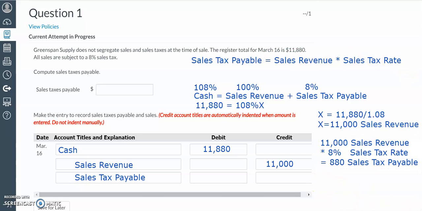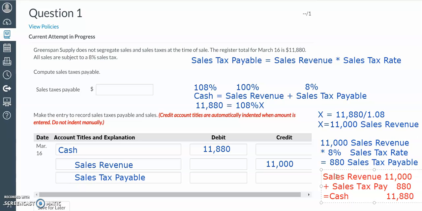And the last thing that you want to do in this problem is check your work to verify that this relationship really holds true, right? If you take your sales revenue of 11,000 plus your sales tax payable of 880, you'll notice that this equals the cash amount of 11,880.